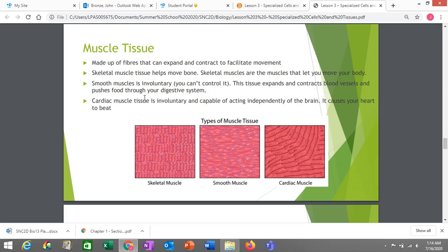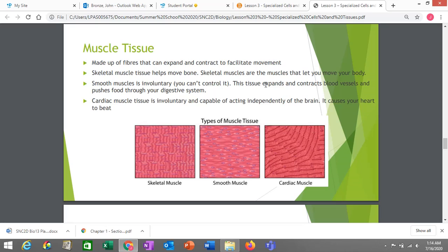So we have that squeeze pushing food through our digestive system, and that squeeze can expand or contract our blood vessels. You might notice, for example, if you are cold, that the blood vessels appear to shrink.